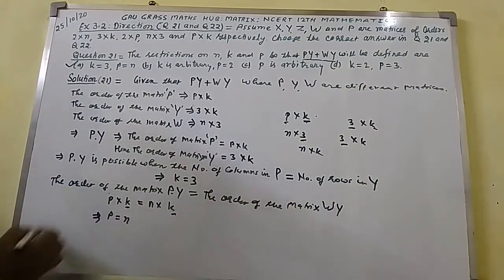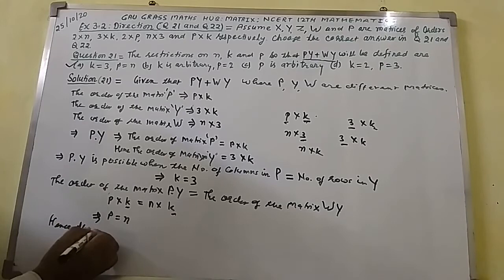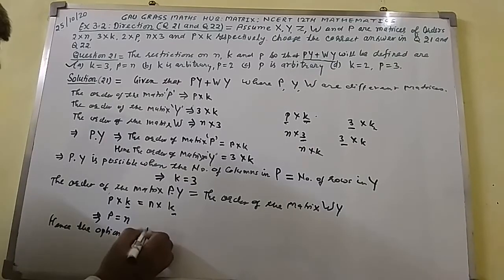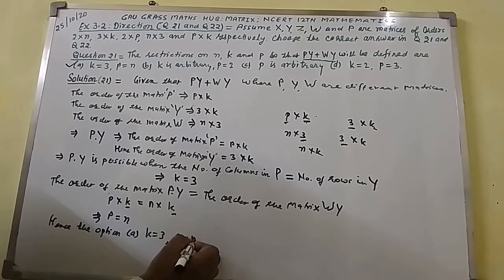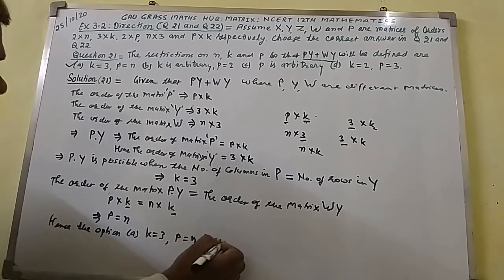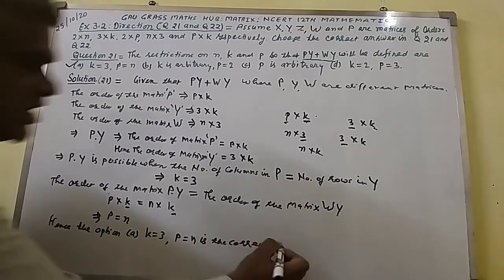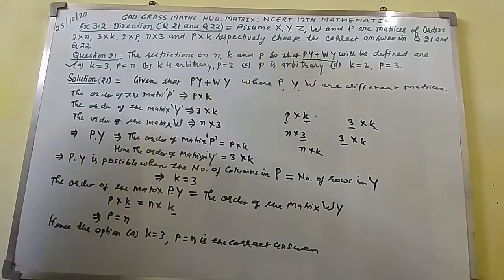So here I shall write: hence the option A, K equal to 3, P equal to N, is the correct answer.